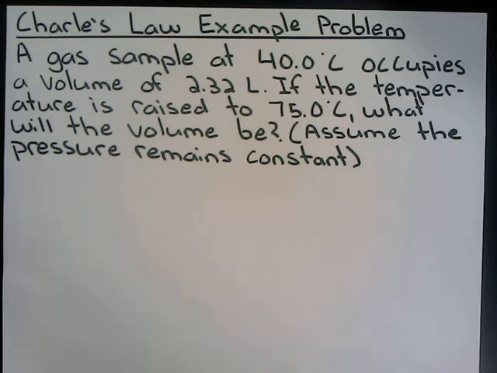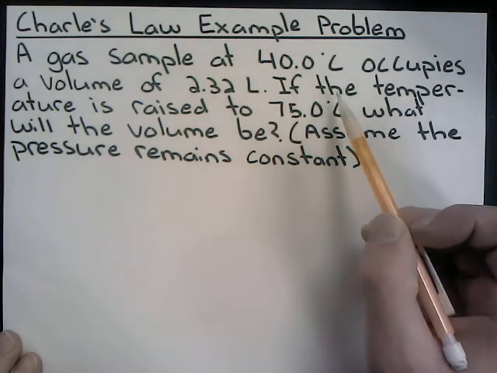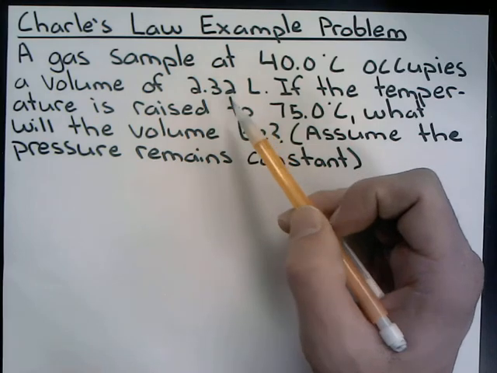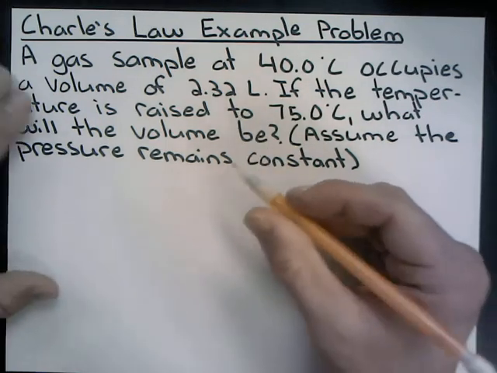So again, we start out by writing our formula for this particular law. Another thing I want to point out is identifying the formula to use. Notice we are given temperature and we are also given volume. So that's the reason we would use Charles' Law.